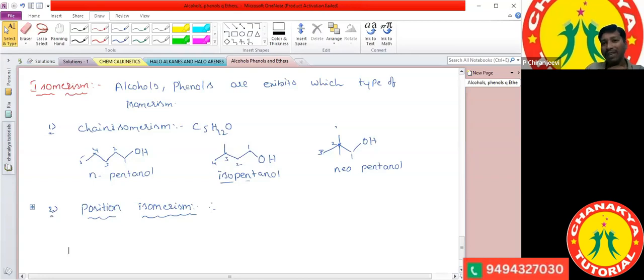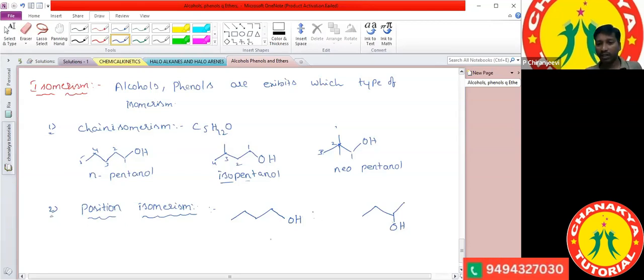Compounds having the same molecular formula but differing in the position of the substituent or functional group show positional isomerism. So what is the example for that? Let us see. What is the difference between the first structure and the second structure?